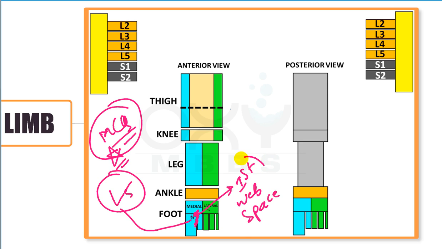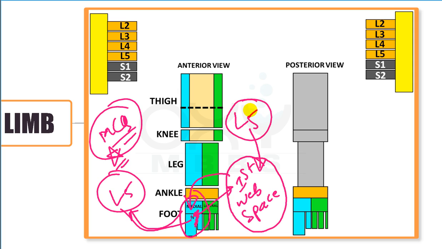And this first web space is present on the medial side, and the medial half is innervated by the L5. So first web space is innervated by which root value? It is by the L5, and the whole of the posterior aspect of the thigh, knee and the leg is innervated by the S2 root value.